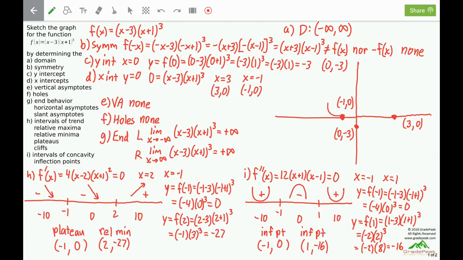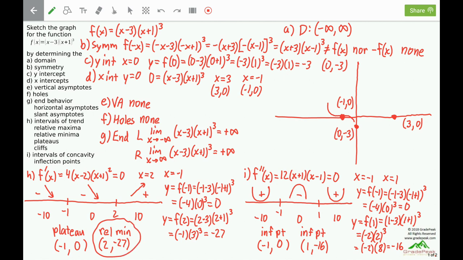A decreasing, it goes to a horizontal there and then turns like so. Decreasing on both sides. It's also an inflection point, and it's concave up on the left and concave down on the right. And it is following exactly that as it should.